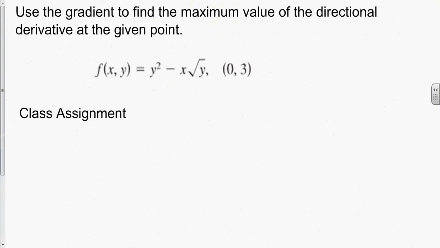The maximum increase of a function is said to be the gradient itself. And then if you negate the gradient, that's said to be the maximum decrease. So here, if we want to find the maximum value of the directional derivative, you find the gradient, and then after that, take its magnitude, and that's what they're looking for. Let's see if you can get that one.